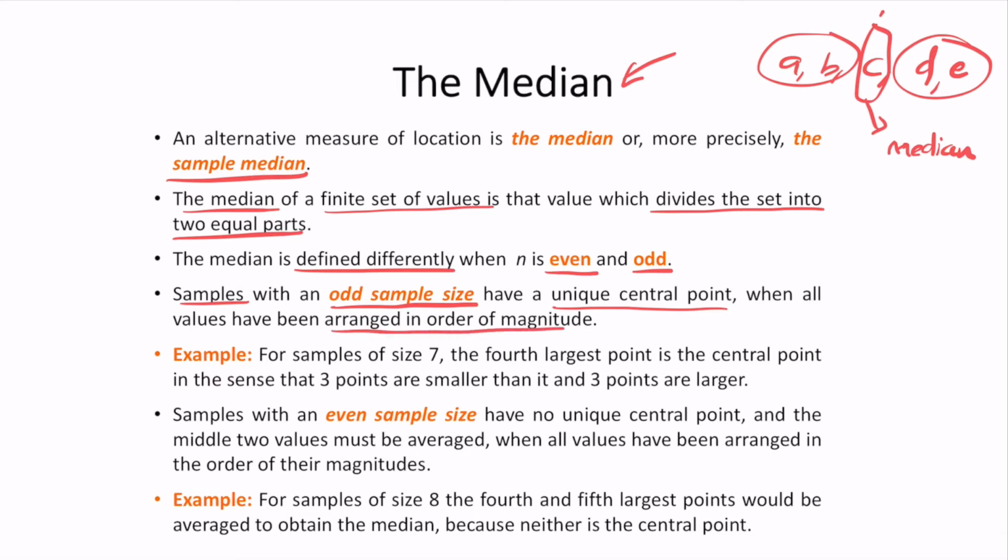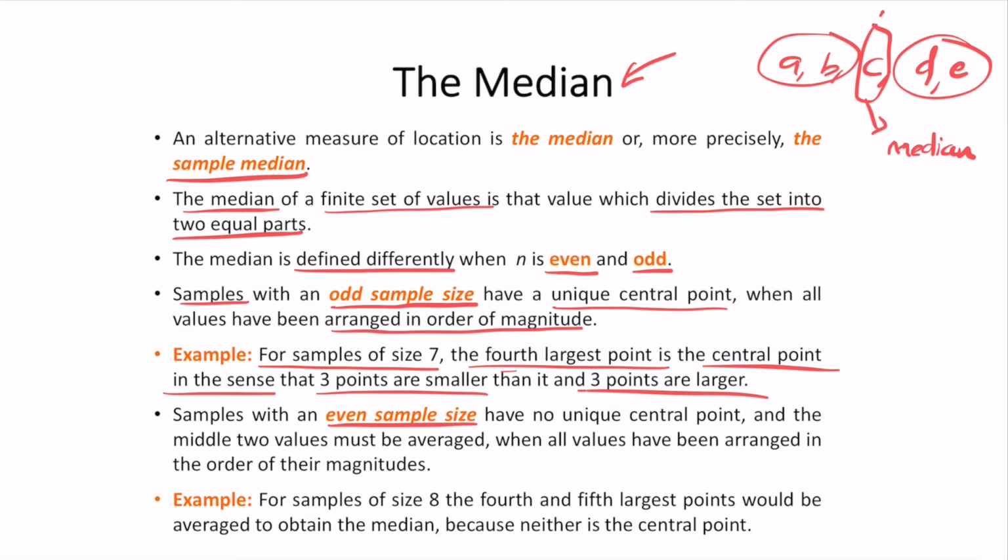Arrange all of them in the order of magnitude, either in increasing or decreasing order, and the mid value of the observations represents the median. For example, if you have a sample of size 7, the fourth largest point is the central point, and there are 3 points smaller than it and 3 points that are larger than it. So the fourth point represents the median.